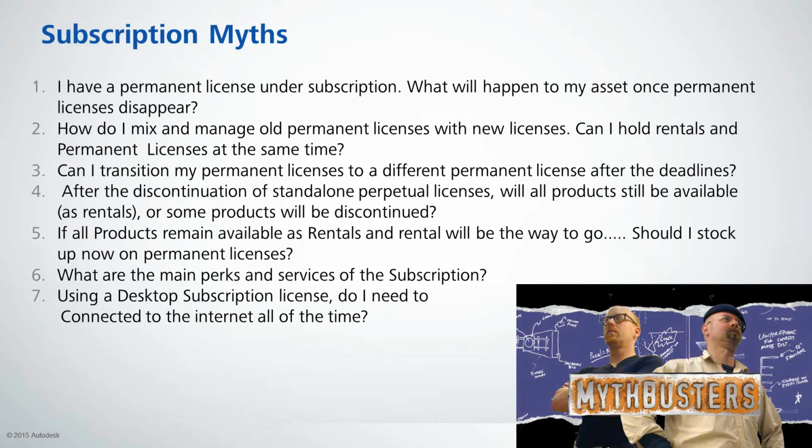Now, one other question that comes up is, if I'm working on a desktop subscription license, does that mean I need to be connected to the internet all the time? The answer is no. I talked about this before, but I'd like to re-emphasize that as you work with a desktop license, you load the software to your local devices, and your assets and data are stored on your local devices. You need internet access to initially download your software and initiate your license, and then you have a 30-day period where you do not need to be connected and are fully functional with your software.